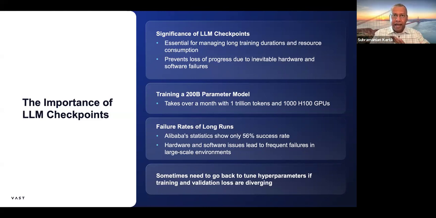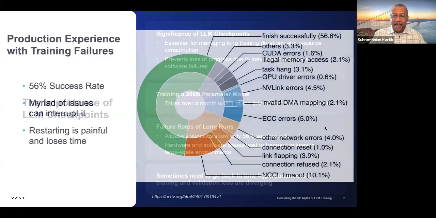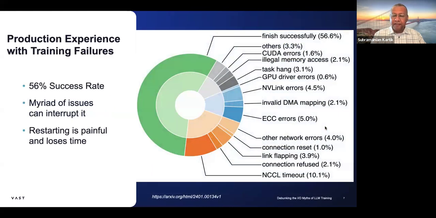So checkpointing is absolutely crucial mainly because of this fact here: stuff fails. This is the chart from Alibaba. And as you can see, 56% actually run, 57% maybe. There's a variety of things that can go wrong: CUDA errors, memory access errors, things hang, network errors, ECC errors, all kinds of stuff can go south.